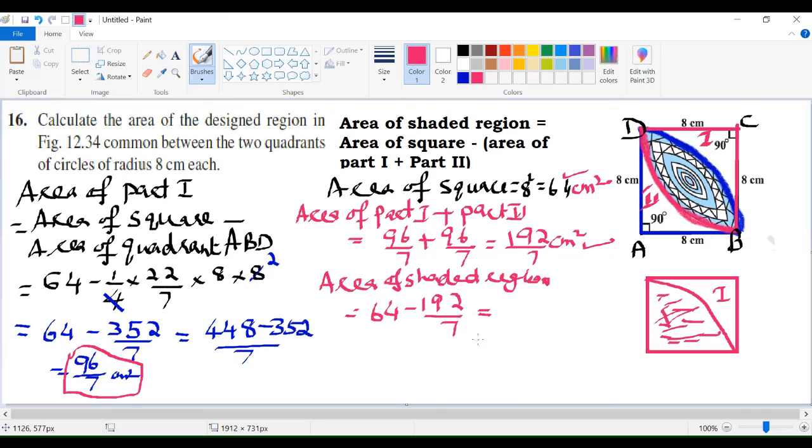Again 7 is the LCM. So 64 into 7, again 448. 448 minus 192 divided by 7, which is equal to 256 by 7 centimeters square. This is the area of the design.